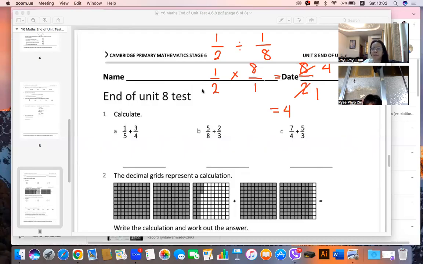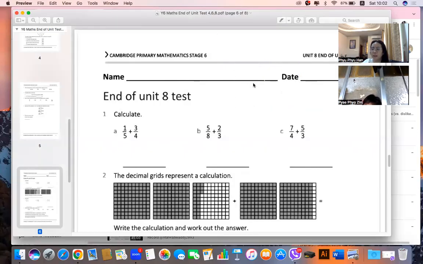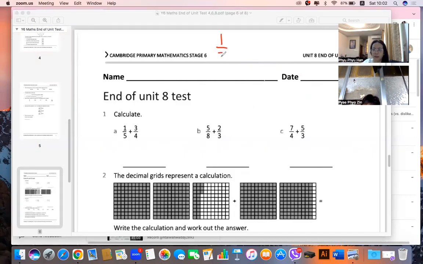For this one, you do not need to make the denominator the same. For division and multiplication, we do not need to make the denominator the same. For example, multiplication: 1 by 3 multiplied with 2 by 6. You just need to multiply.